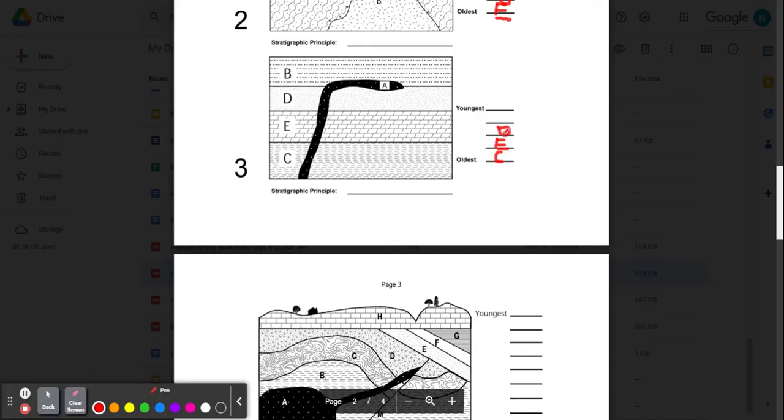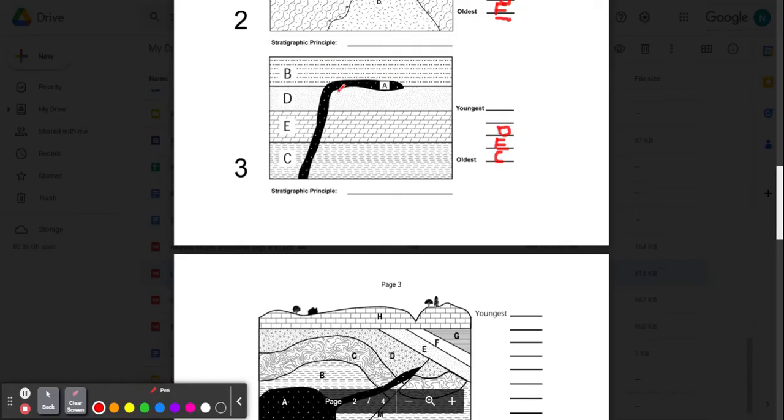Now, this is where it gets tricky. Is this an intrusion that goes into B, or is this an intrusion that came out of D, laid itself down like this, and then B covered it up? That's the question we have to figure out. Is A older than B, or is A younger than B?